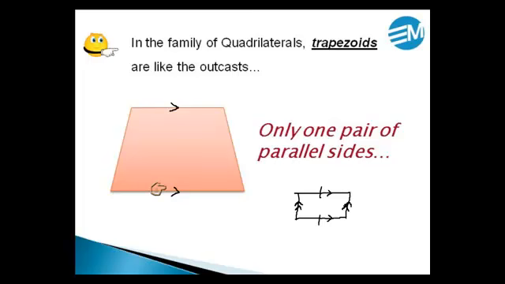One pair is always parallel. This is the only property. If any quadrilateral has only one pair of parallel sides, not both pairs, because if both pairs are parallel, then it becomes a parallelogram. You know what a parallelogram is? Can you draw it here?